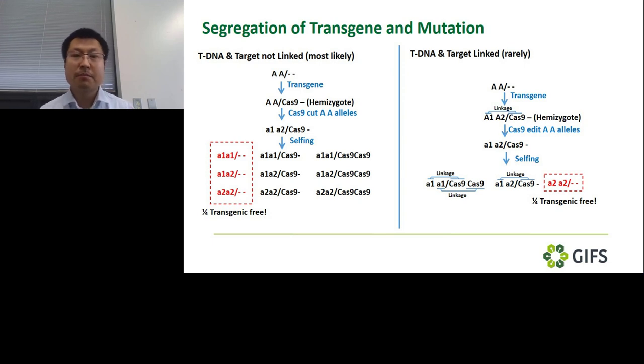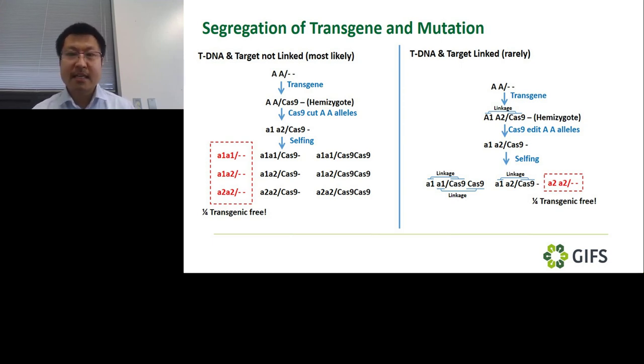But a lot of people are still asking, well, sometimes it is possible that the CRISPR cassette will be integrated in the target site, and they will be linked with each other. Then how can you separate it? But we have to remember that plants are generally diploid or polyploid.